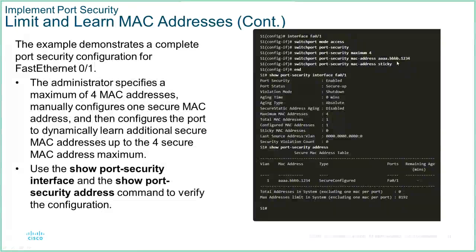So what it's done here is it's manually configured one MAC address as already authorized. We can now add another 3 devices to this port, and it'll dynamically add them. And because it's got sticky, it enters this line automatically.